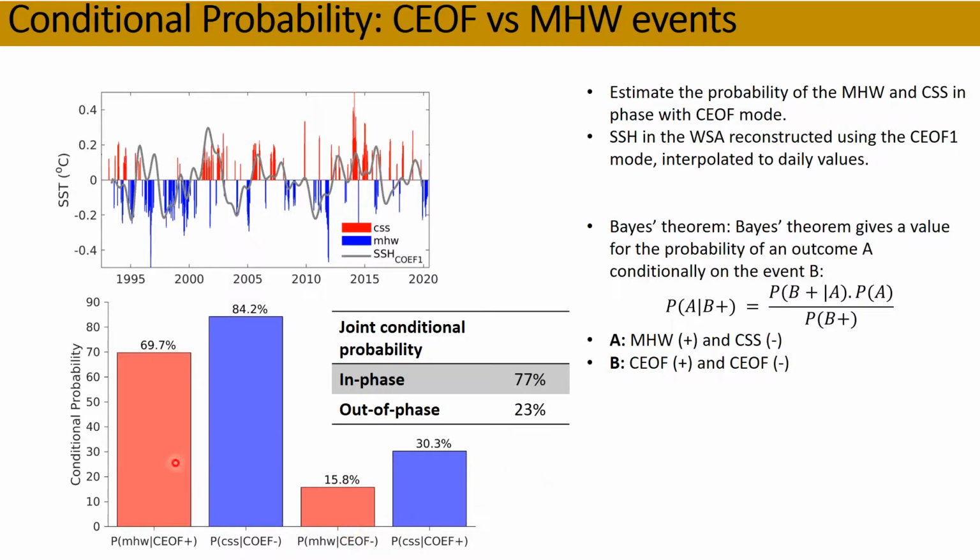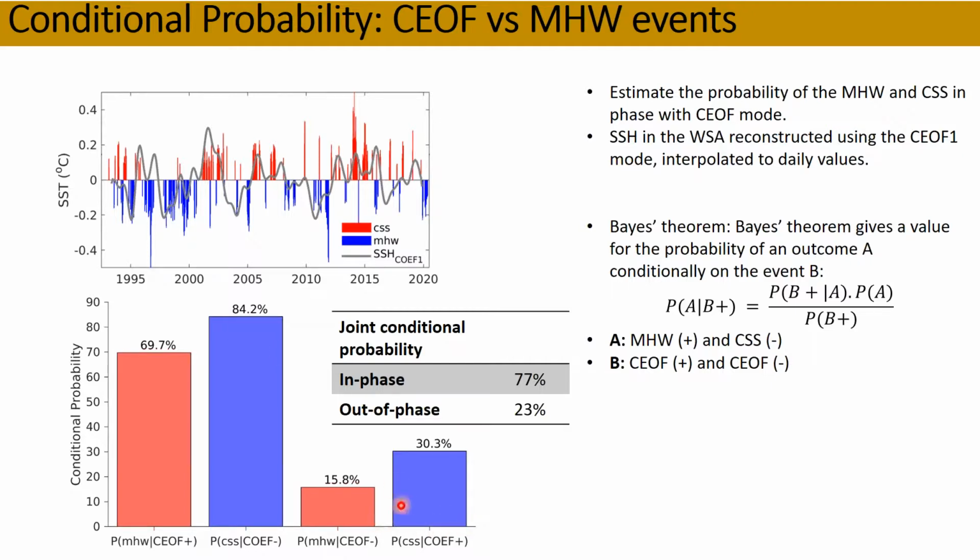And what you see here is that when you have marine heat waves and the CEOF is positive, or the cold spells and the CEOF is negative, we have almost 70 and 84% of the cases occurring together.